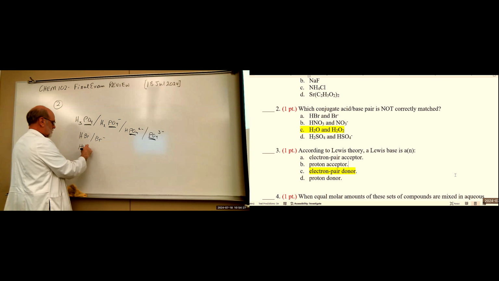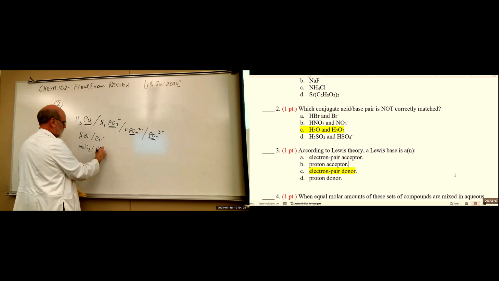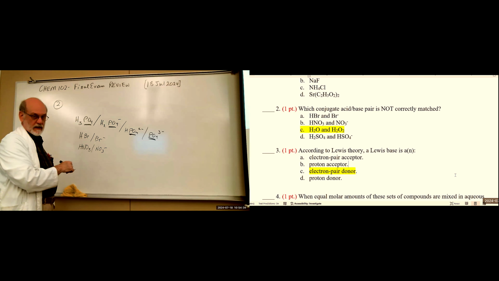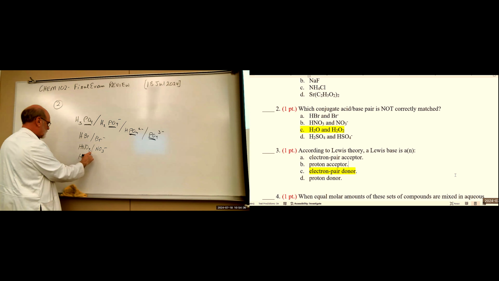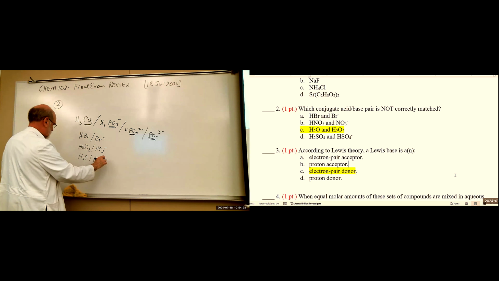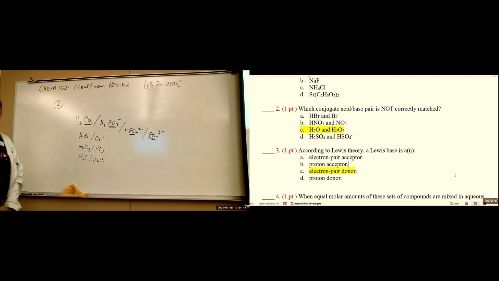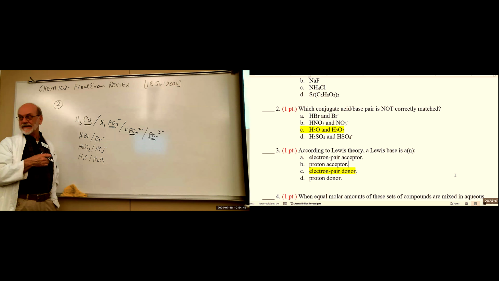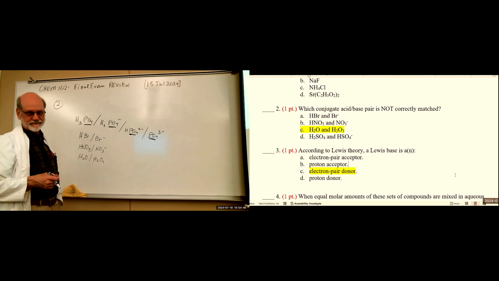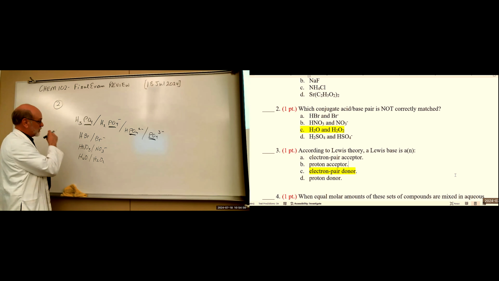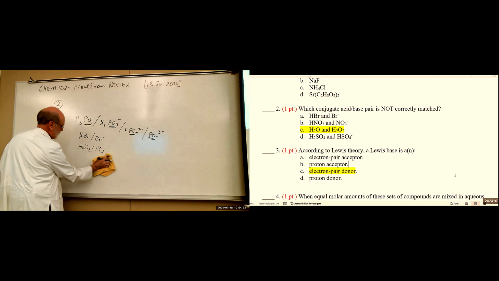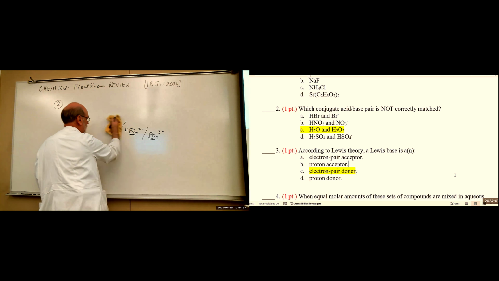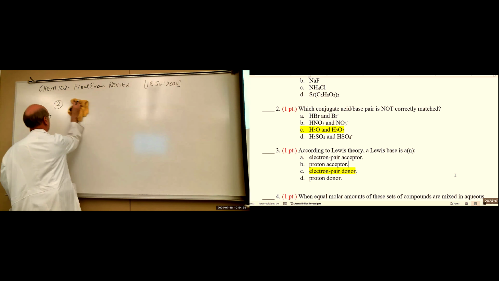HNO3 and NO3 minus for B: yep, that one's good. How about H2O and H2O2? Well, I don't think so. First of all, it didn't lose a proton, and second of all, this part of the molecule is not the same. So that's your bad one. And the last one is correct: sulfuric acid and hydrogen sulfate are a conjugate acid-base pair.